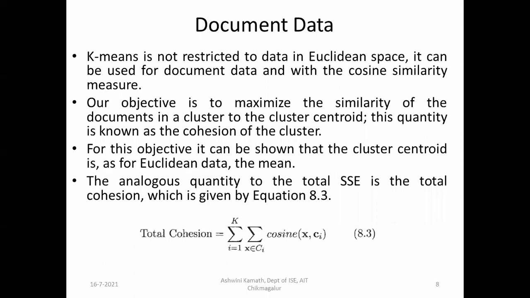Capital Ci is the ith cluster, and small ci is the centroid of the cluster. So we have to find the cosine similarity between each object and the centroid of the cluster. We calculate this cohesion for each cluster, then find the sum.